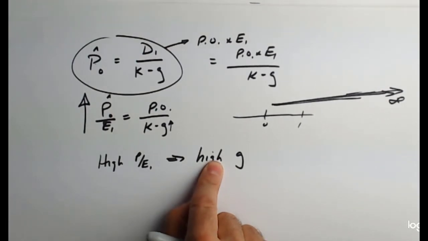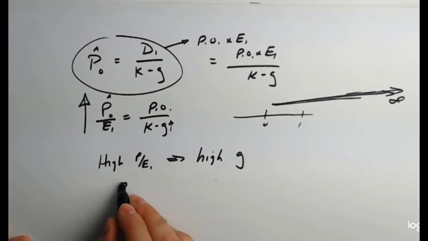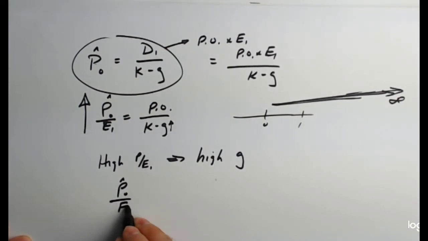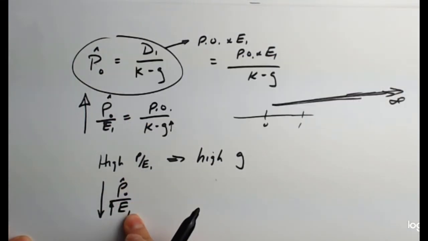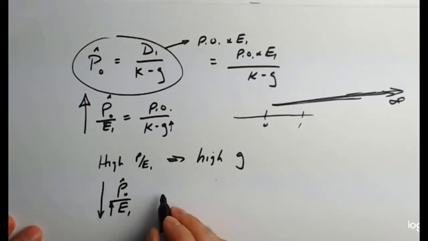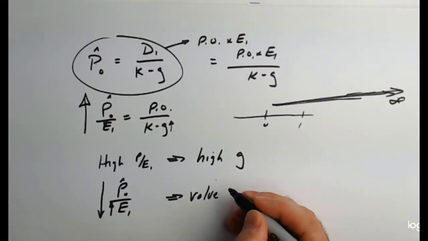Now, what happens if you see something with a low PE? So you have a PE here, and this whole PE ratio is low. That's because earnings are high relative to the price today. And so what people look at this as is a value stock. They call this value because people believe that the stock is cheap.